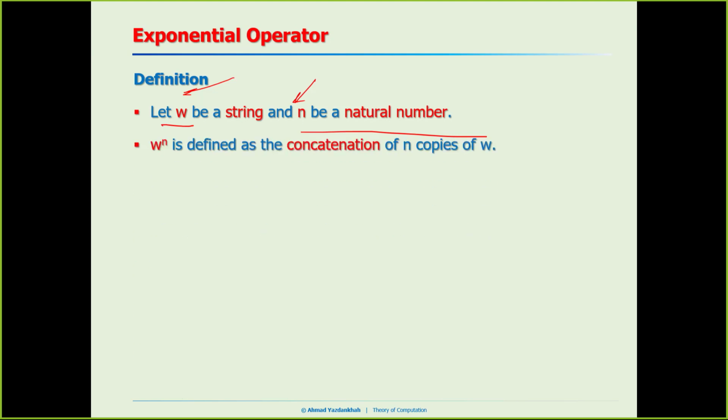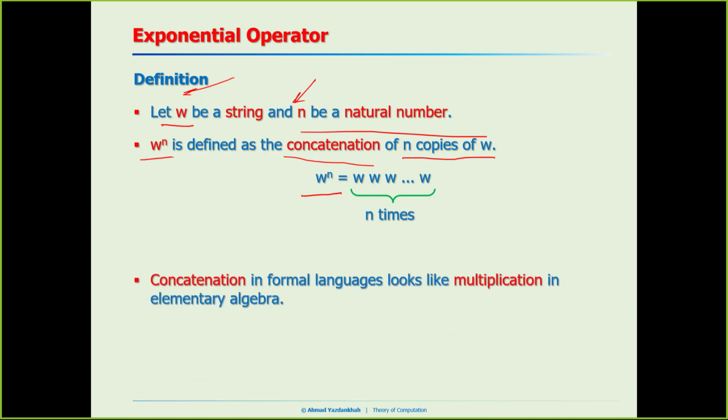So W to the n is a concatenation of n copies of W, like this. And we denote that with W to the n. You see, it looks like elementary algebra, and concatenation looks like a multiplication, right?